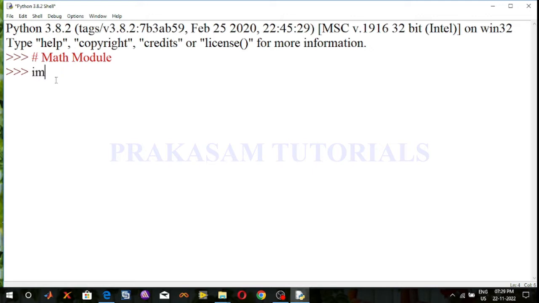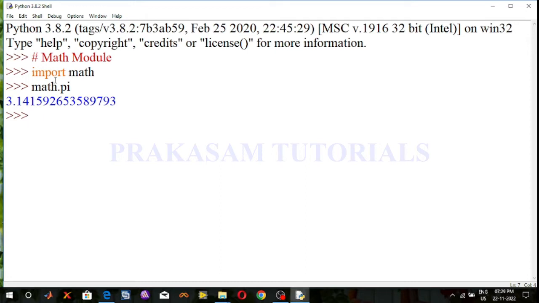First import the math module using the import statement, import math. Then math.pi, and the constant pi value will be displayed on the Python console. The constant pi value is 3.141.